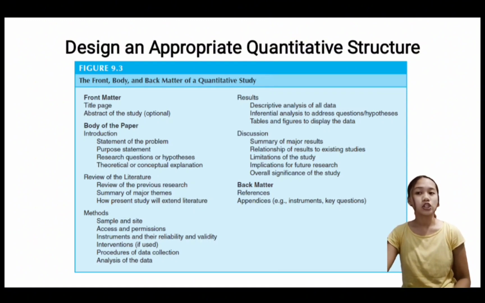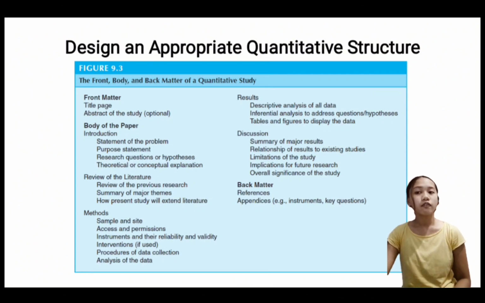In the first section, introduction, this is where the statement of the problem takes place. It is also where you will state the purpose of the study and provide questions that are related to the study. These questions should have an answer or a comprehensive explanation at the end of the study.